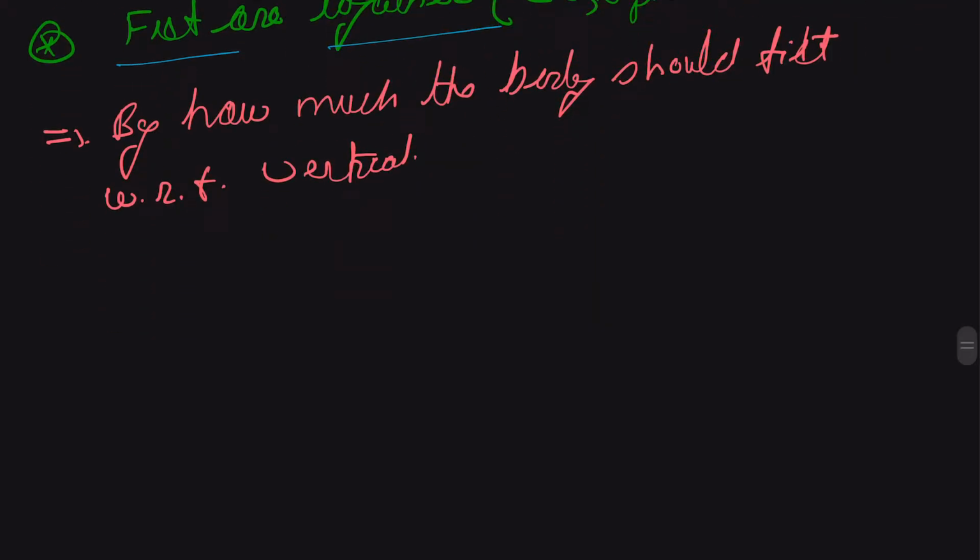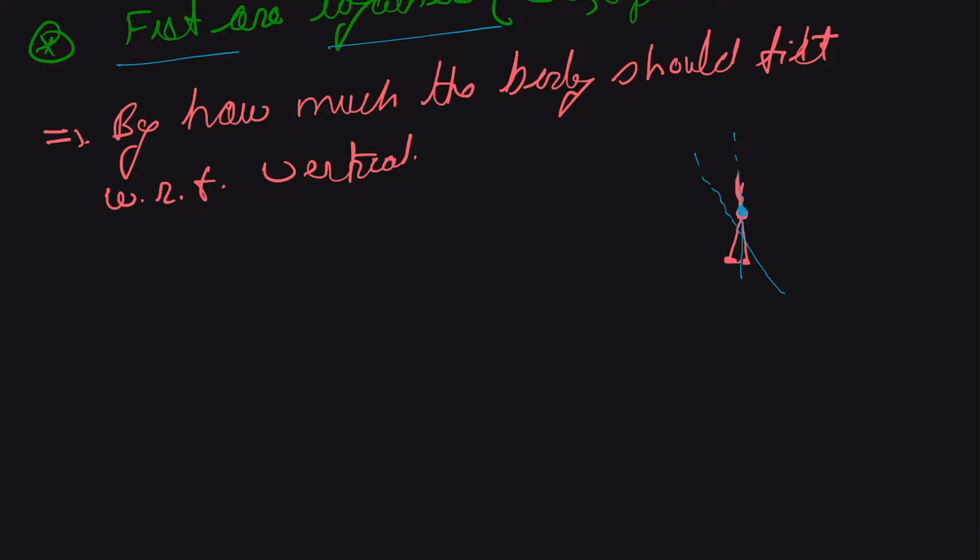So basically it means that previously the person was standing like this, okay, so the distance is very close to 0, and now it is going to tilt somewhere in this direction.